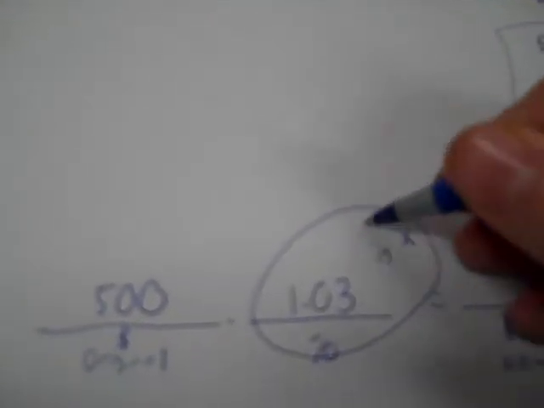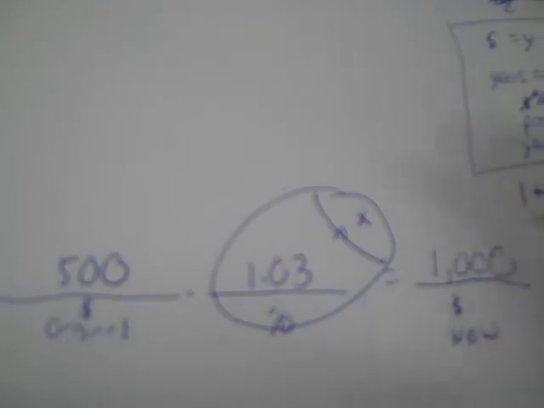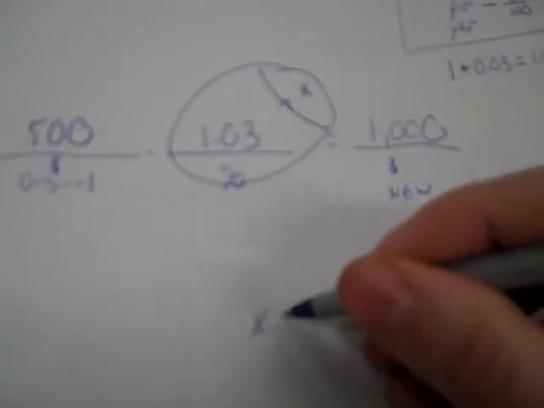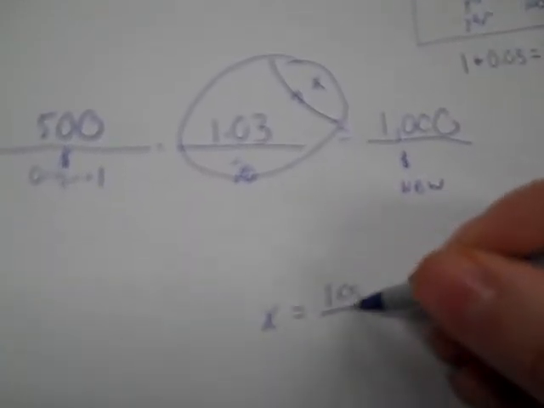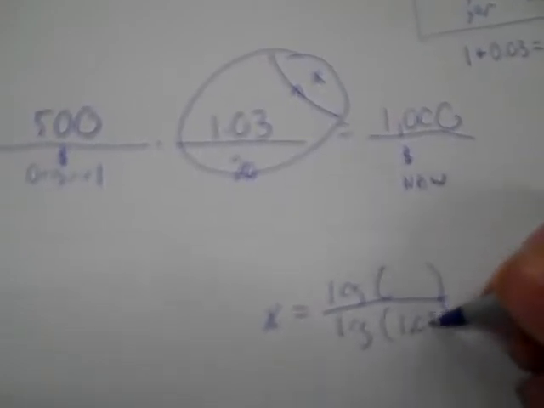And then new. Okay, the original is 500. Percent's going to be the 1.03. X is years. Oh, I don't have the years, so now I will use a log over log. And the new ends up being $1,000. Okay, so I take that X and I set it equal to my logarithm ratio. In the bottom we have 1.03.